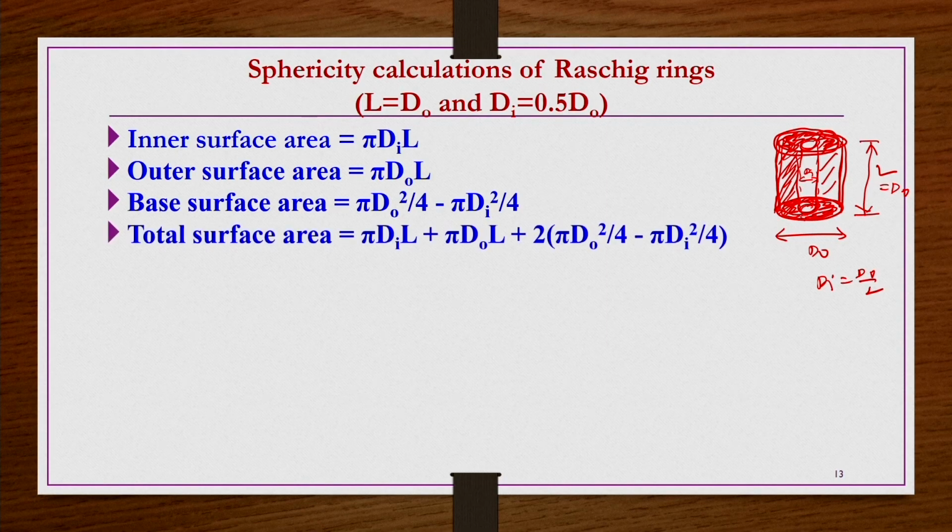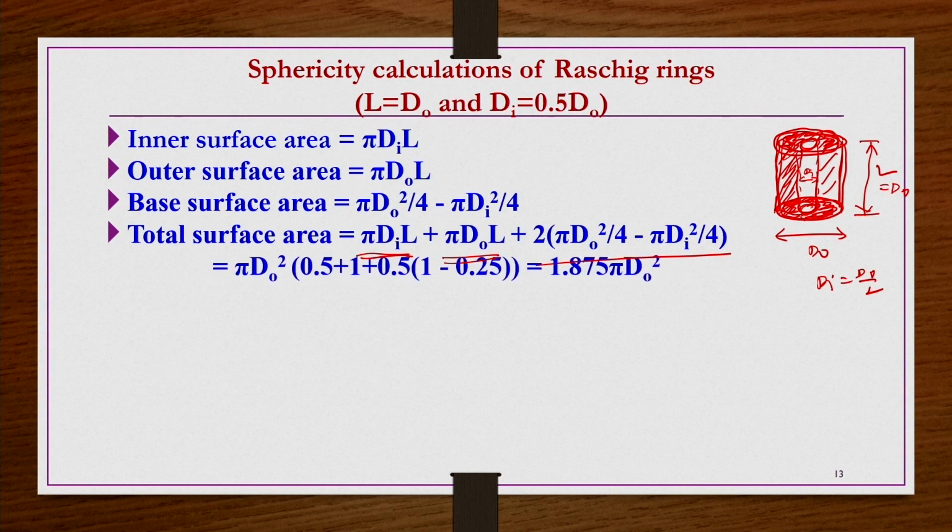So the total surface area is pi di L plus pi d naught L plus 2 times (pi d naught square by 4 minus pi di square by 4). If you substitute L equals d naught and di equals d naught by 2, you are going to get 1.875 pi d naught square.